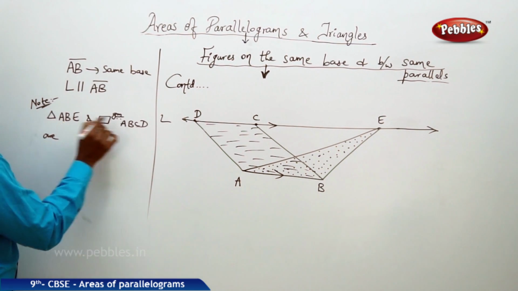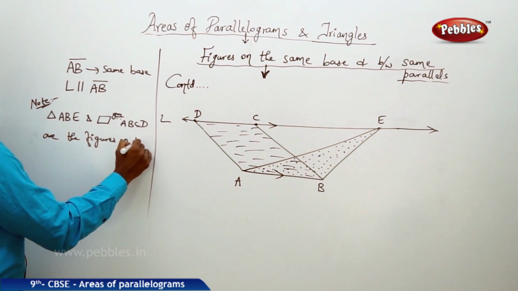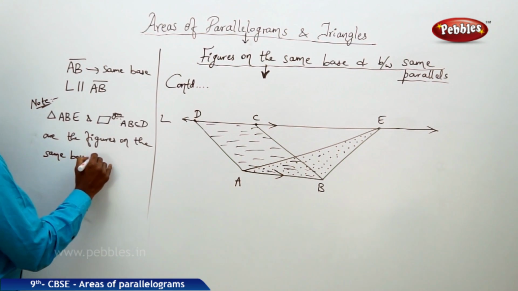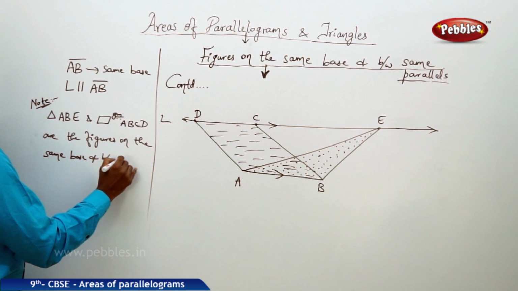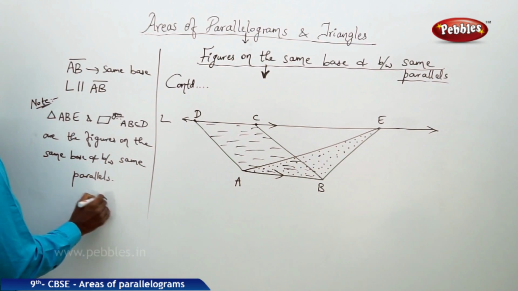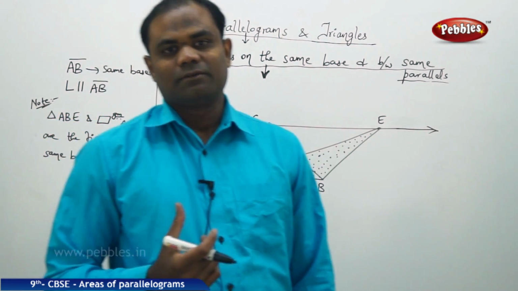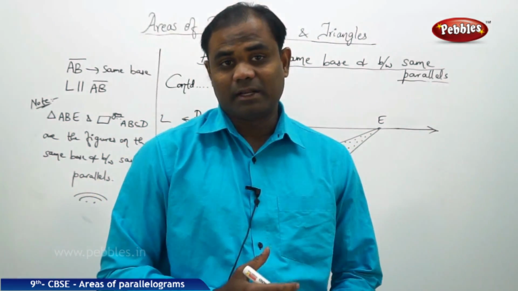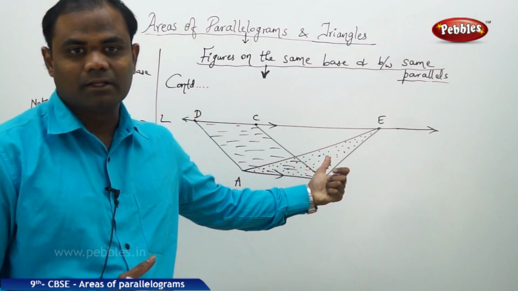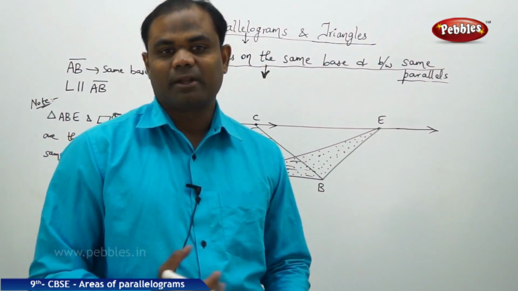So note that this and this are the figures on the same base and between same parallels. This is how I understand the concept of two figures with the same base and between same parallels. This being one of the example cases: a triangle and a parallelogram on the same base and between same parallels.